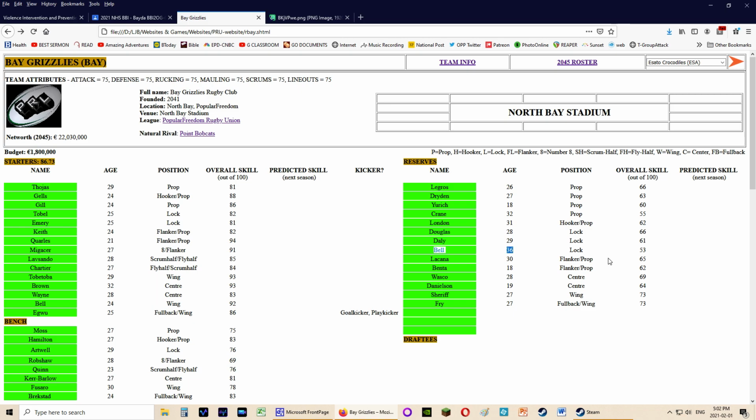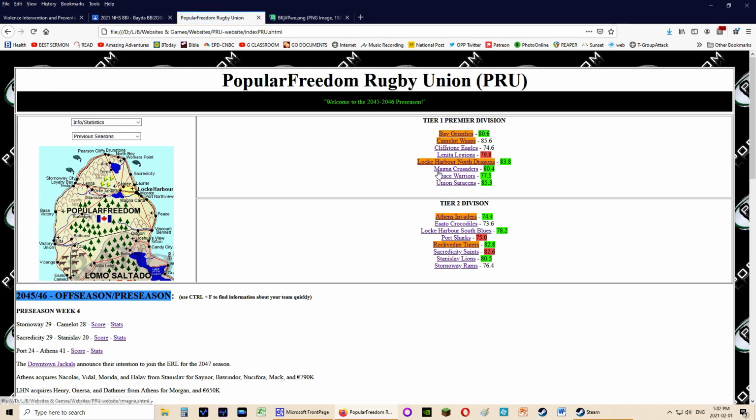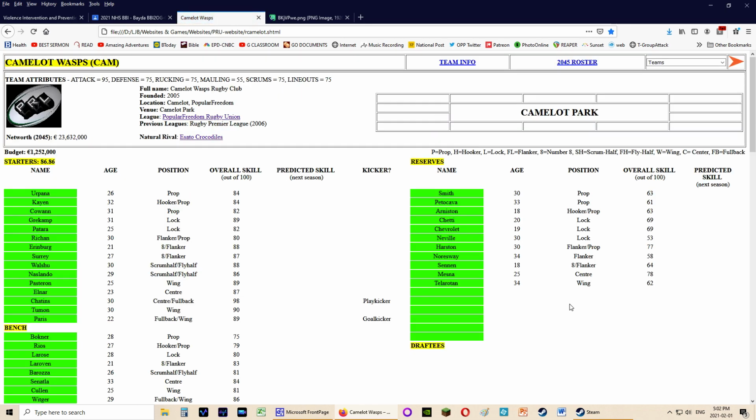At first, it's just going to be so that you understand how to use the information we learn in class in a practical setting. Okay, let's look at the other teams first. So we're going to go back and just look at other teams. And again, the teams in orange, like Bay, like Camelot, you cannot choose.